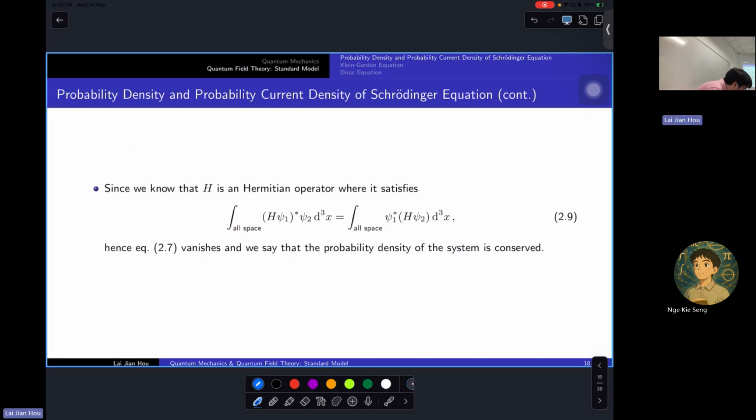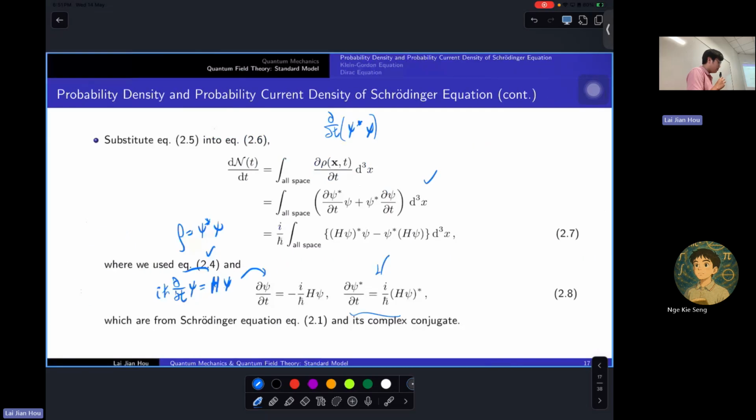So the Hermitian operator satisfies this equation, and if we put it back into equation 2.7, we find that 2.7 will vanish.